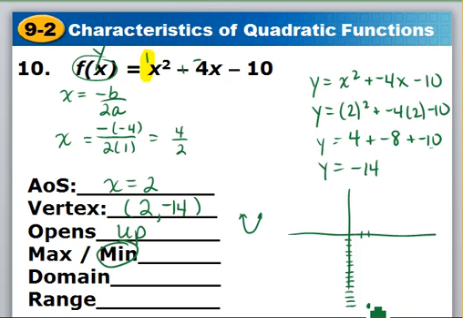Negative 14 is way down here, so I know it's going to be going up. This is a minimum, so the minimum value would be negative 14. The domain is always all reals. And then the range, the lowest point is negative 14. And y, remember this is the lowest point, so y is bigger than or equal to negative 14.